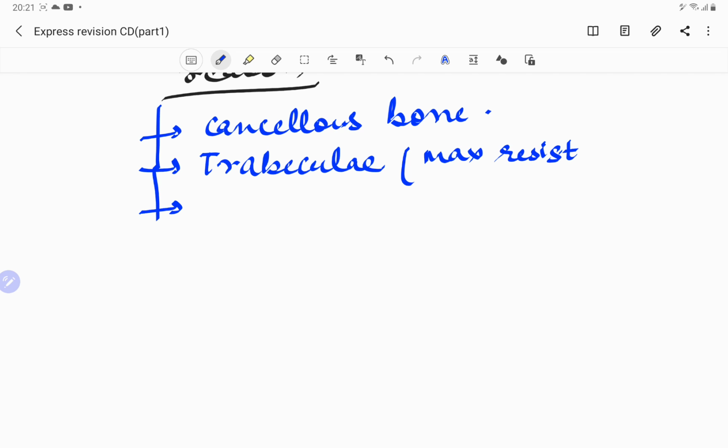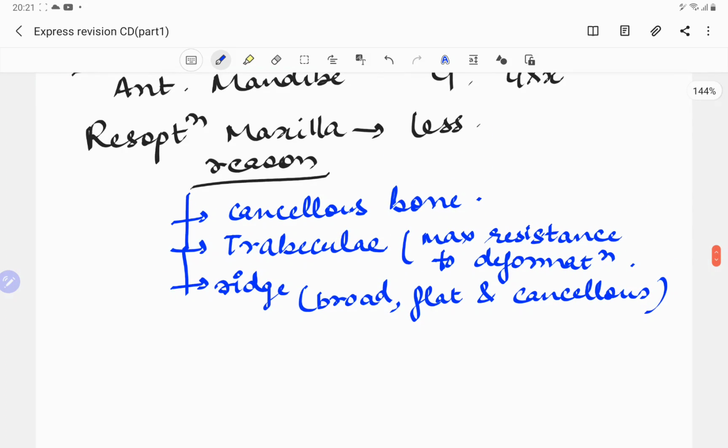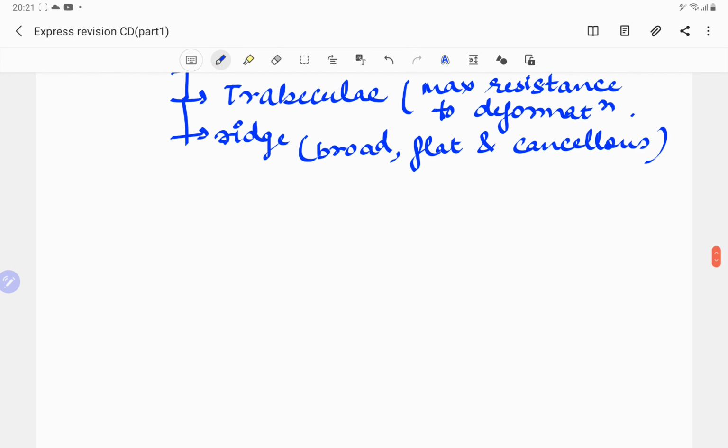That means the maxilla is going to resist the deformation. It will not let the deformation happen, right? And the ridge in the maxilla is broad, flat and cancellous. That is the reason the resorption in the maxilla is less and the resorption in the mandible is more. So in the mandible, there is going to be more resorption.